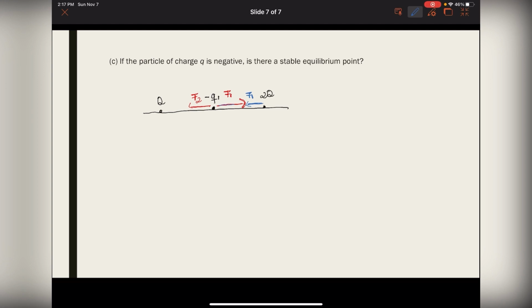And now the force exerted by Q and 2Q will repel each other, so this. Now we have the second pair of forces pointing in different directions, so they will cancel out.